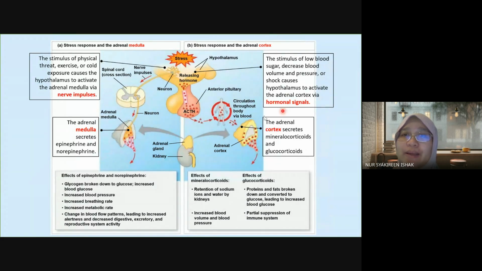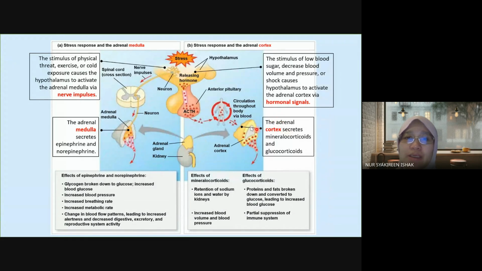this is for the mechanism of the hormone secreted by the adrenal cortex. Okay, so the adrenal cortex is to produce and secrete its own hormones. Okay, so stimulus of low blood glucose, sugar, decreased blood volume, pressure, or shock causes the hypothalamus to activate the adrenal cortex via the hormonal signal.